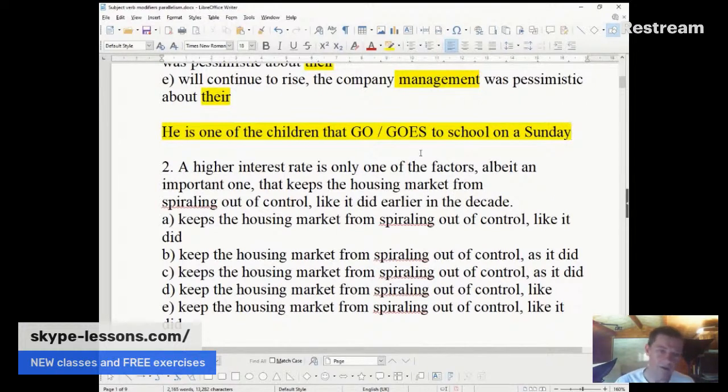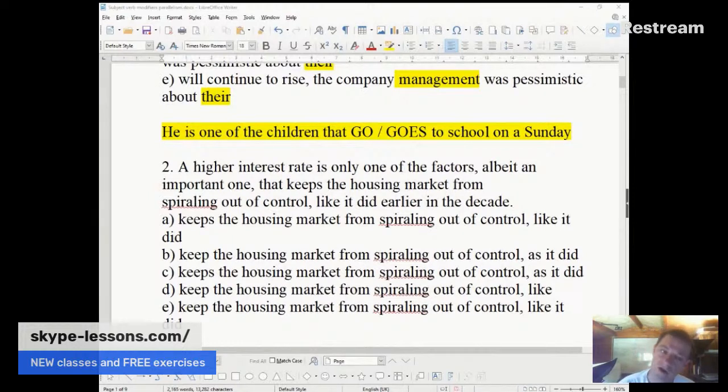Now that looks like a simple sentence, doesn't it, really? Surely that will be an easy one to get right, yeah? But I challenge you, ask people what the answer is here, because I guarantee that their instincts will very often lead them to the wrong answer, even though it looks like a very easy sentence.